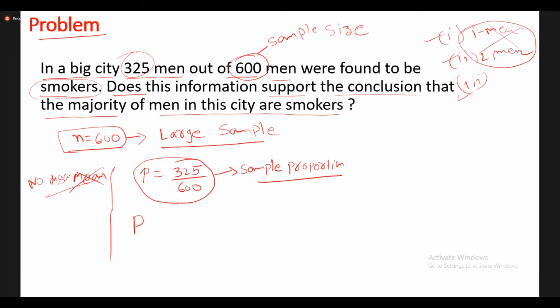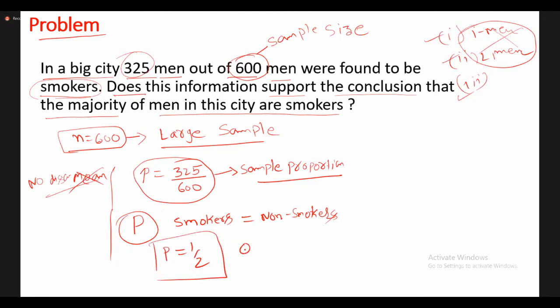Directly they didn't give the population proportion. In such a case, we assume smokers and non-smokers are equal, so the population proportion capital P is 1 by 2. How to find capital Q? Capital Q is 1 minus capital P, that is 1 by 2.